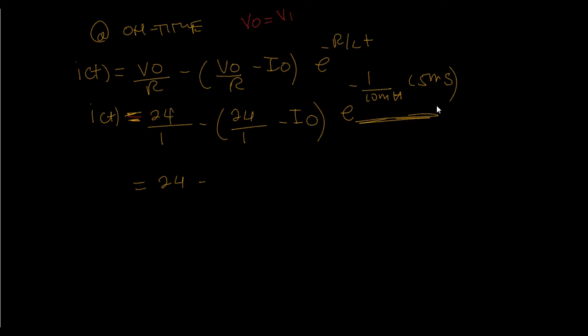So, e to the negative 1 over 10 millihenry times 5 millisecond, times 24, is 14.556.